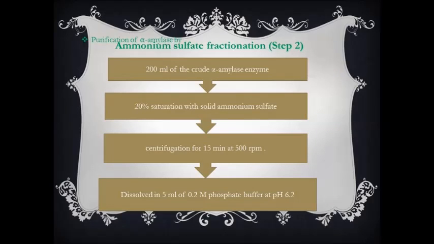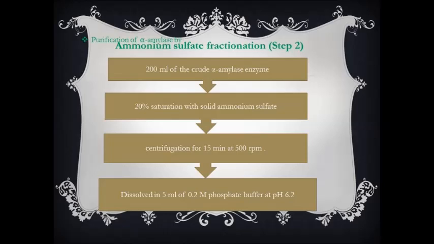200 milliliters of the crude alpha amylase enzyme were first brought to 20% saturation with solid ammonium sulfate, as mentioned by Dixon and Webb 1964. The precipitated proteins were separated by centrifugation for 15 minutes at 500 revolutions per minute.